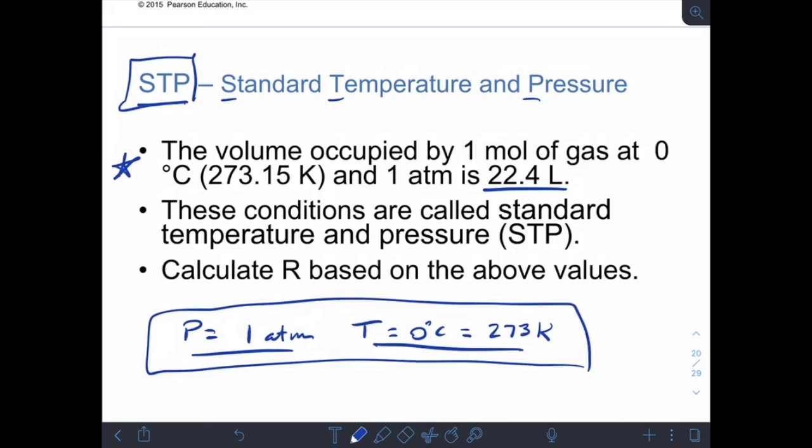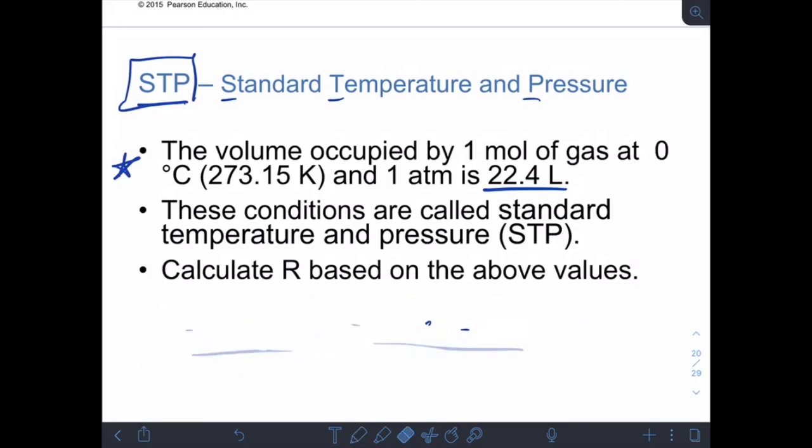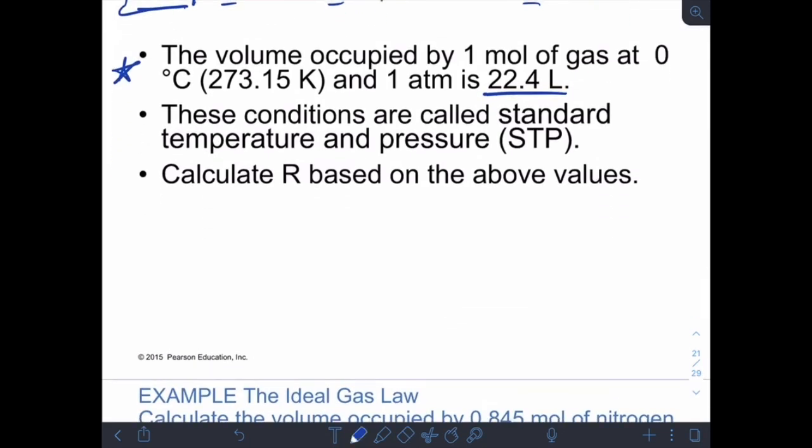So let's calculate R at STP and 1 mole of gas. PV equals nRT, so if I want to solve for R, R equals PV over nT. I'm going to plug in the values for STP and the 1 mole of gas.